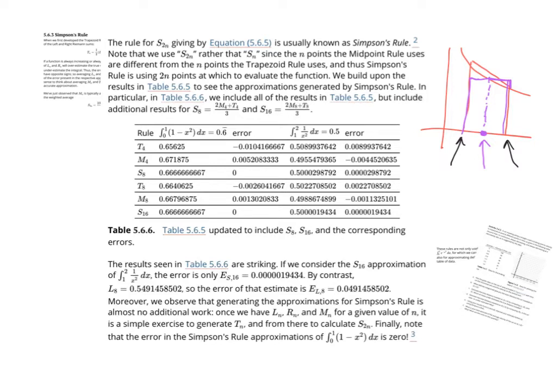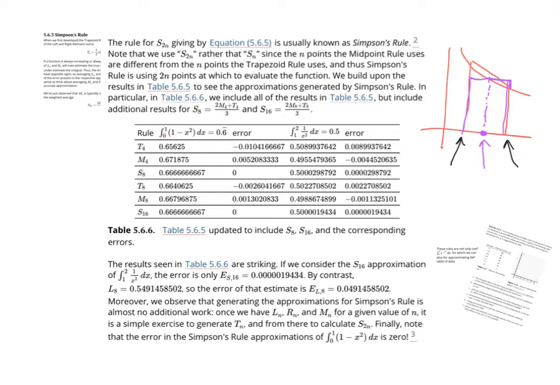So let's take a moment to look at the errors for the same integral we were looking at before and the different approximations we had. These numbers were the same as what we had before, but look at the Simpson's rule error. For this first integral, the error is actually 0.